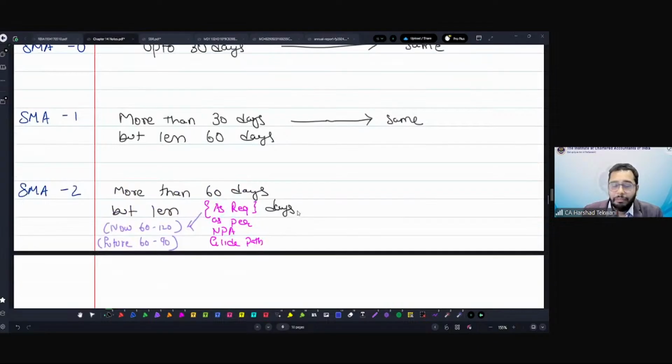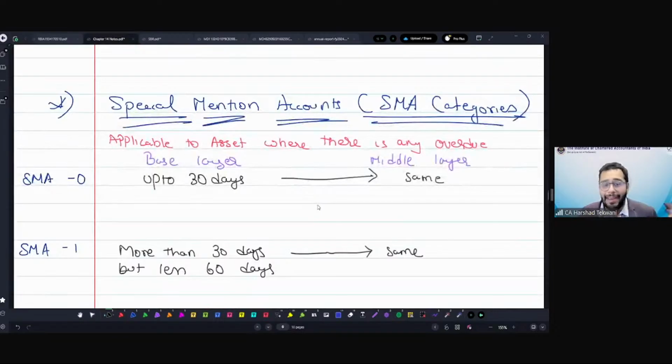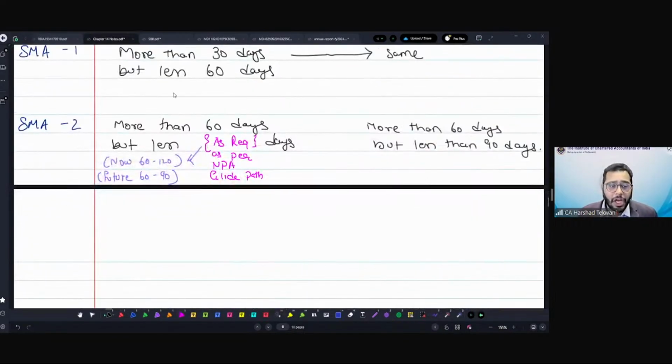Now here, as there is no glide path, when it comes to the middle layer, we directly have more than 60 days, but less than 90 days. After 2026, everything will be same. There will be no different SMA categories for middle layer and base layer. Everything is same. Now this is different just because of the glide path, but after 26 it will become same.